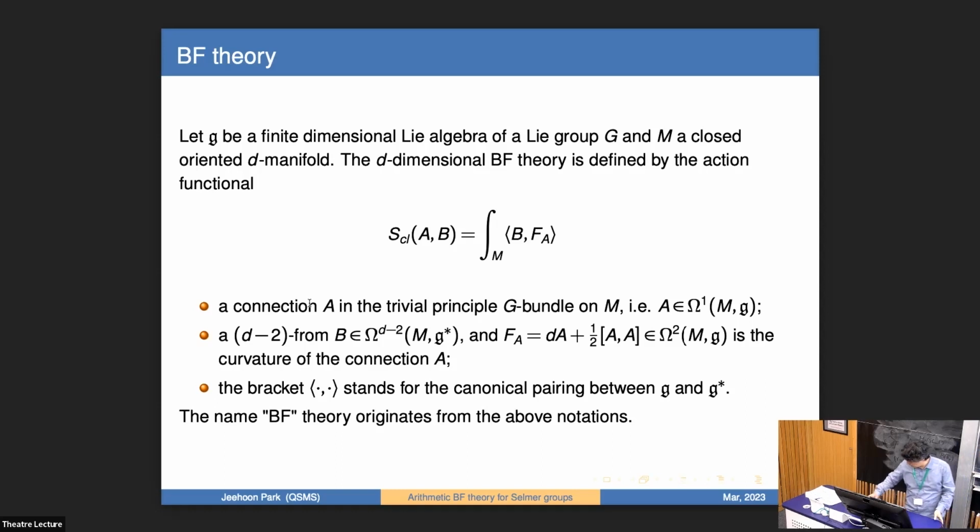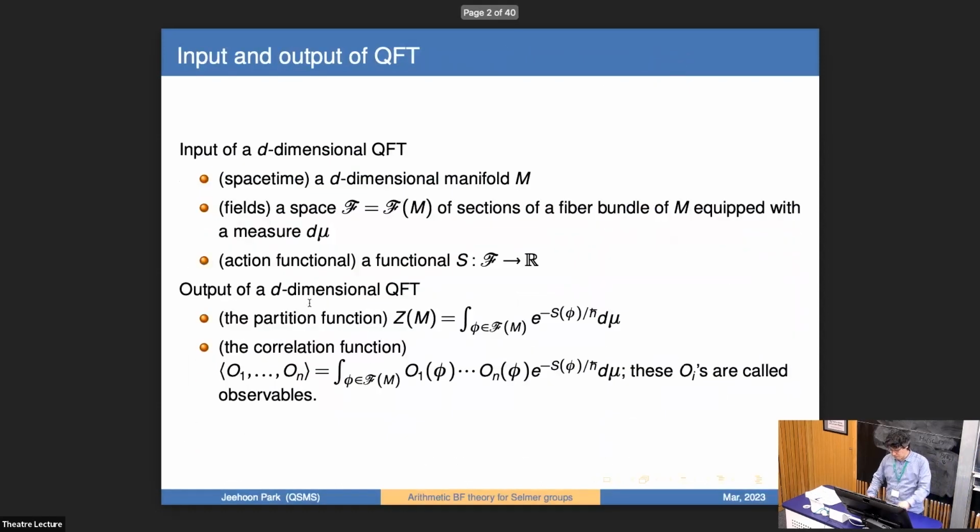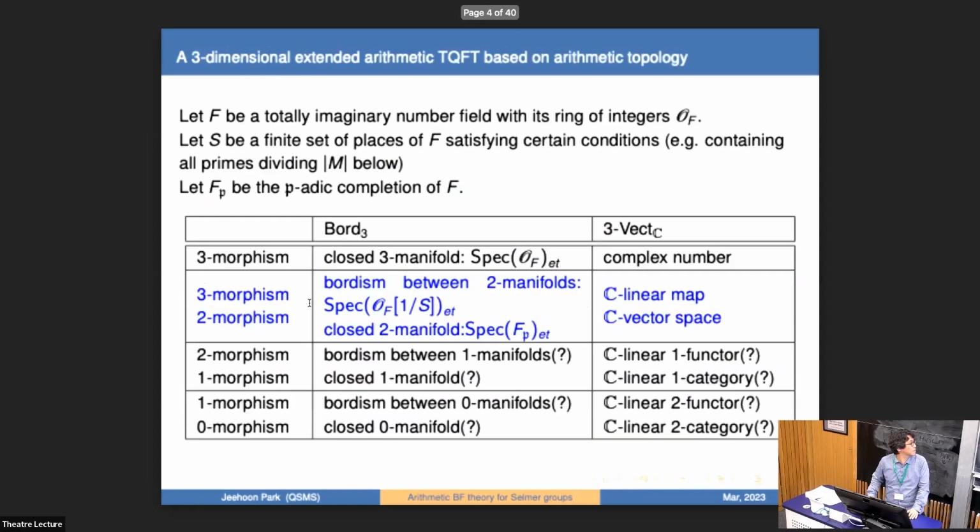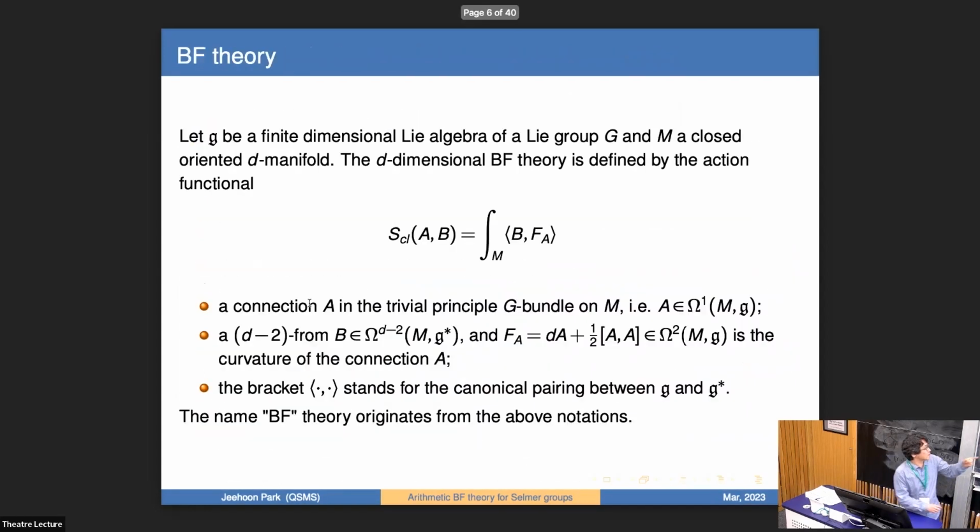You remember at the beginning, in physics, the input of a QFT is space-time, fields, and an action functional. So this is the action functional. And how is it defined? There is a connection A in the trivial principal G-bundle, i.e. in Ω^1(M,g), and there is a (d-2)-differential form B with values in g*. Then you take the curvature.